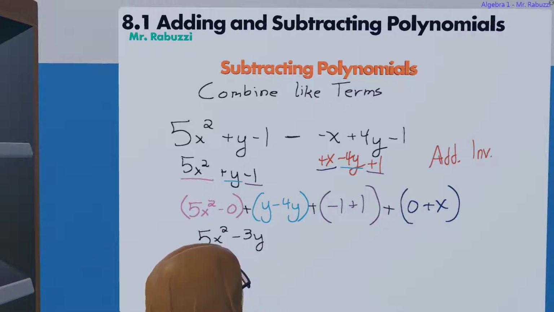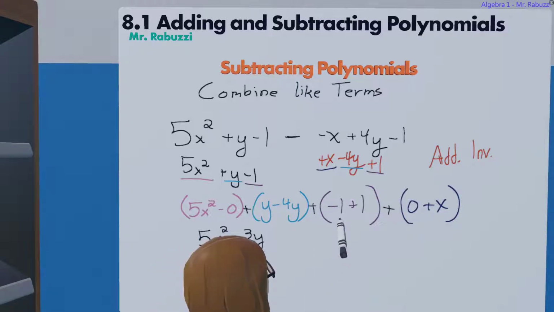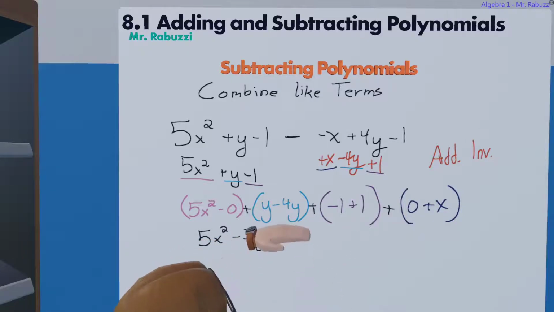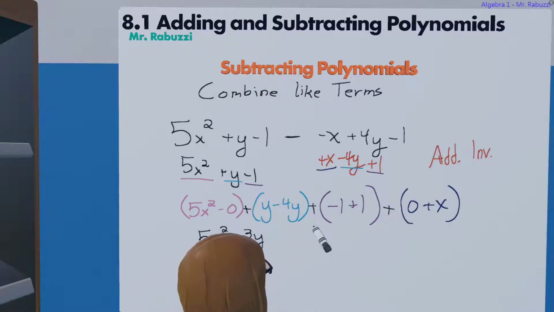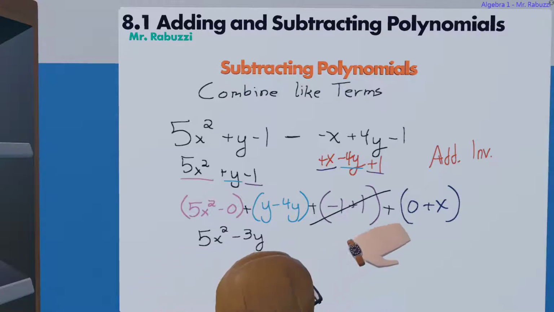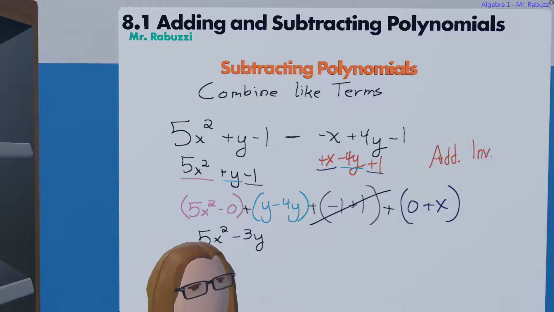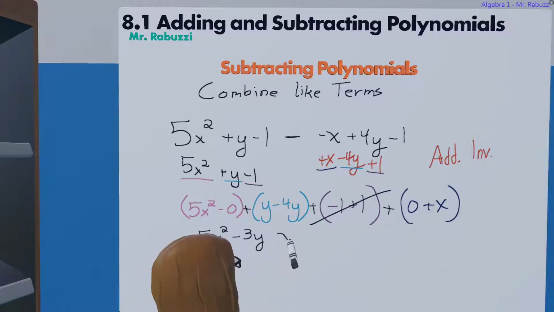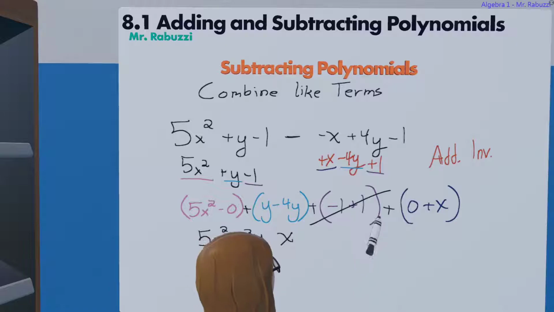Over here, negative 1 plus 1. Well, if I start here, go negative 1 plus 1, I'm back at 0. So this is 0. I'm going to cross that out. I don't need it. And over here, 0 plus x. Well, if I start at nothing and now I have an x, that means I just have an x and the plus sign.